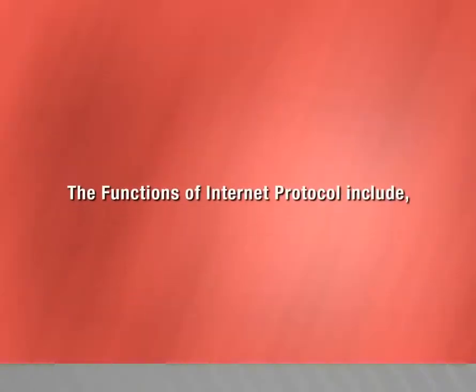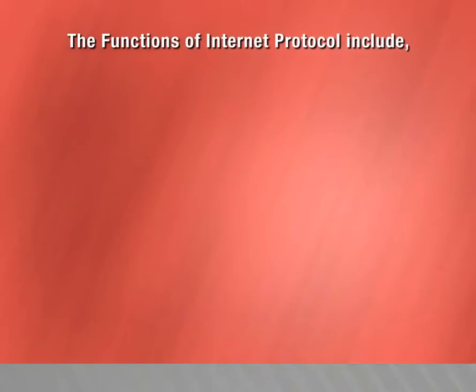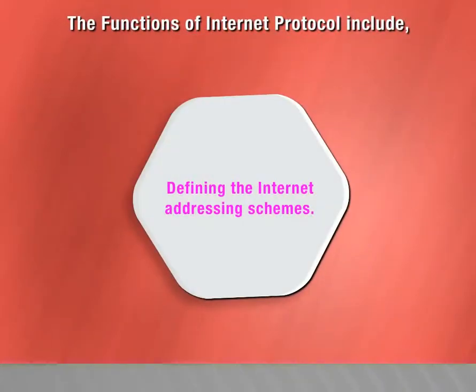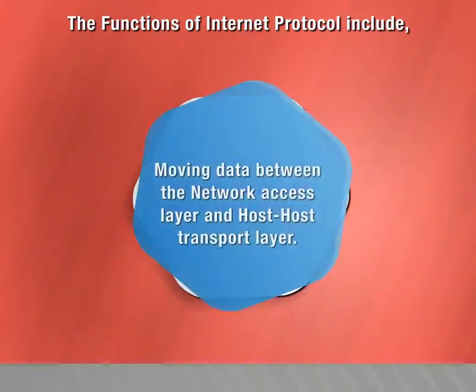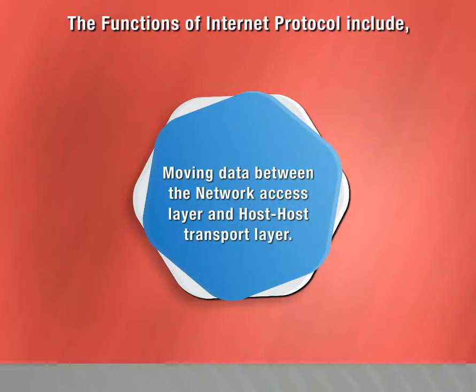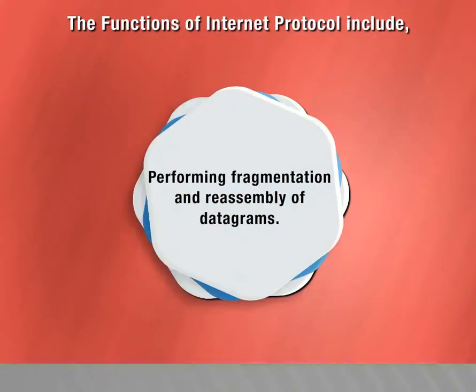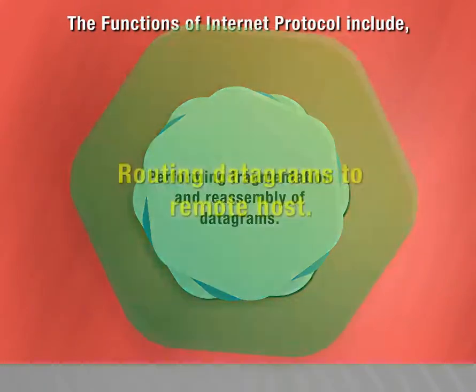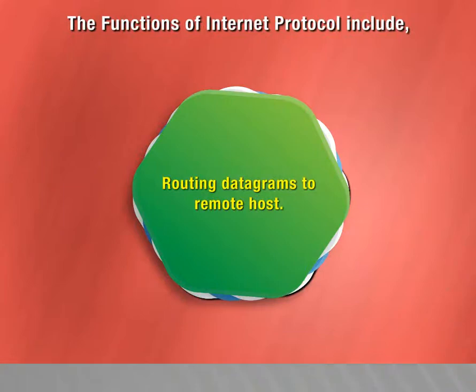The functions of Internet Protocol include defining the Internet addressing schemes, moving data between the network access layer and host-to-host transport layer, performing fragmentation and reassembly of datagrams, and routing datagrams to remote hosts.